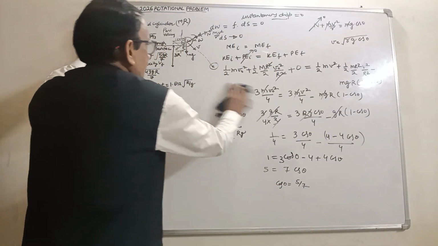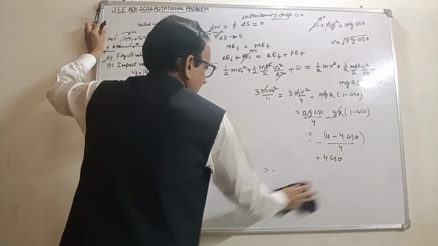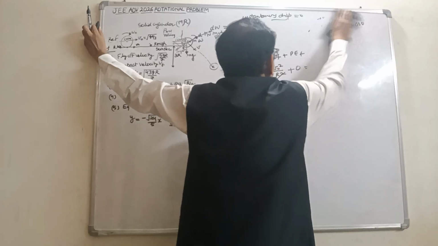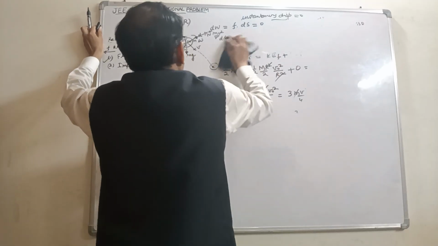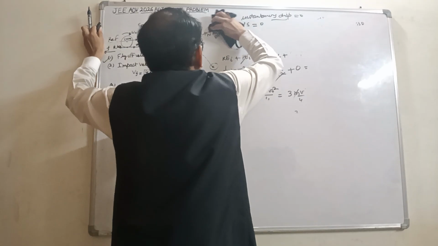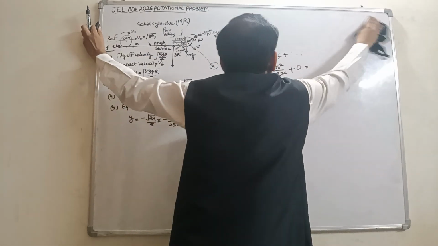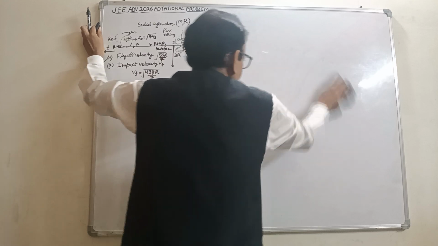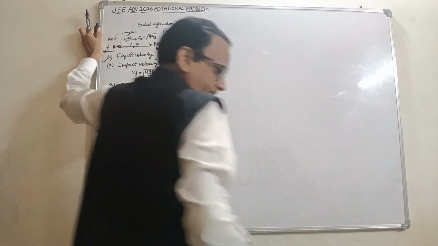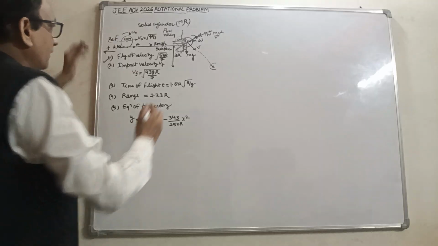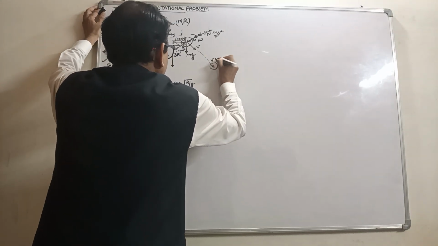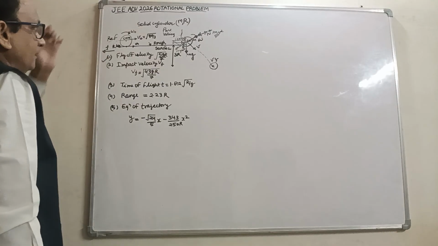We get the fly off velocity, and further we calculate the impact velocity. So what would be the impact velocity? This is the impact velocity, say V final.